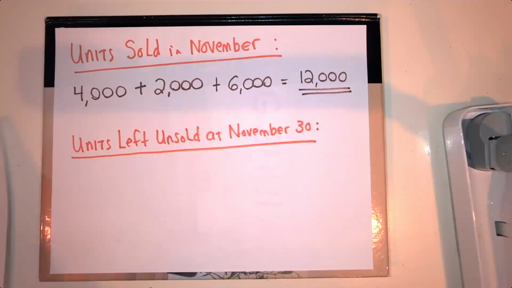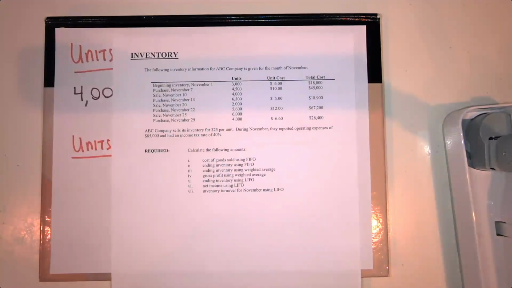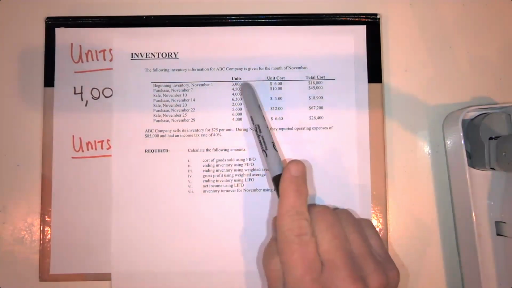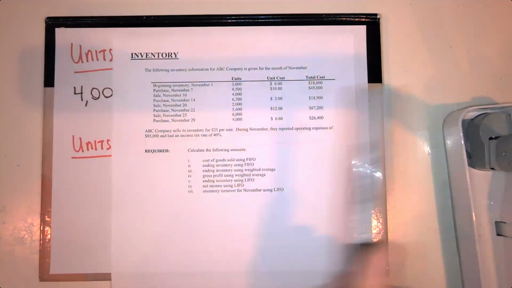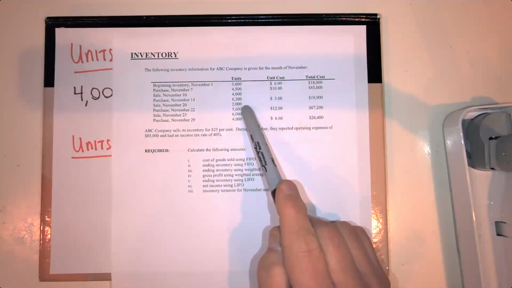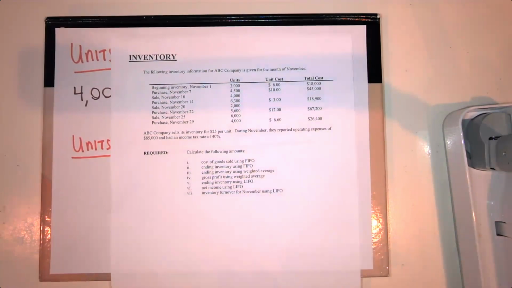What I want to do is take my beginning inventory, what I started with, and add to that all of the units we purchased in the month of November.